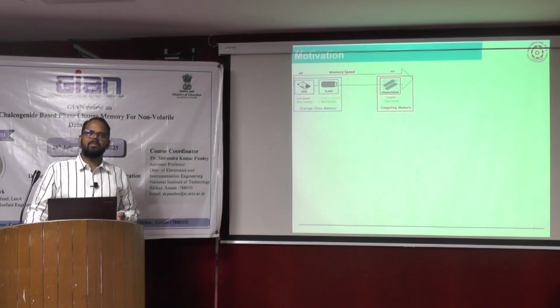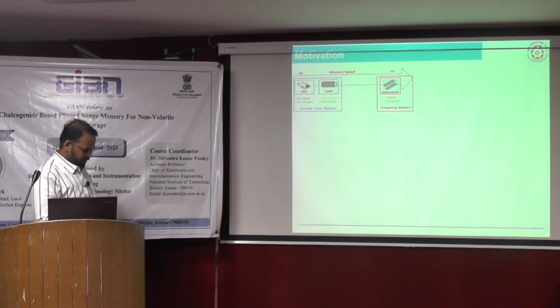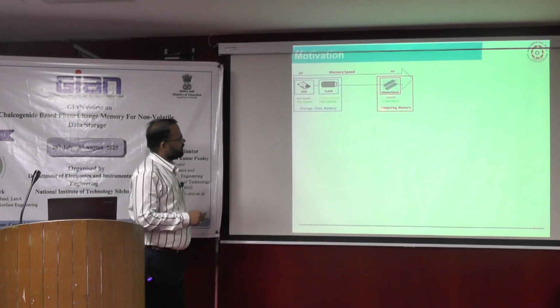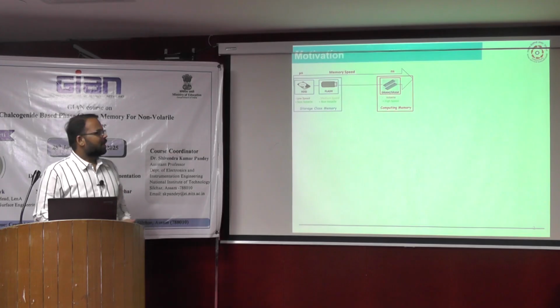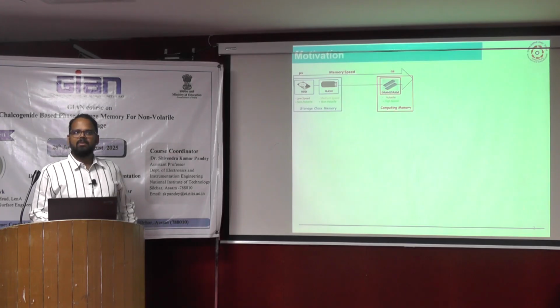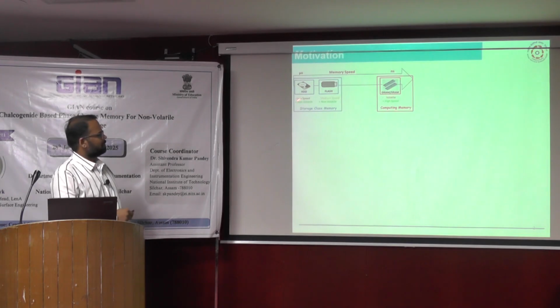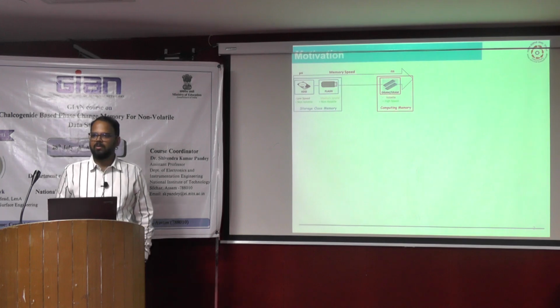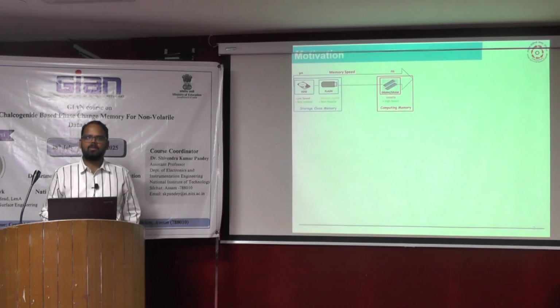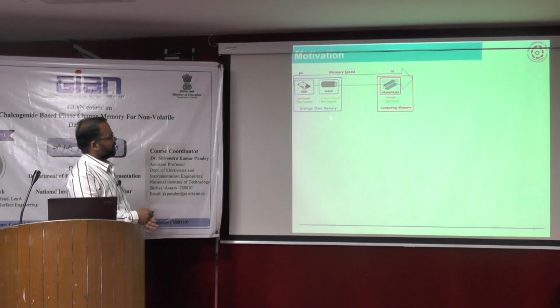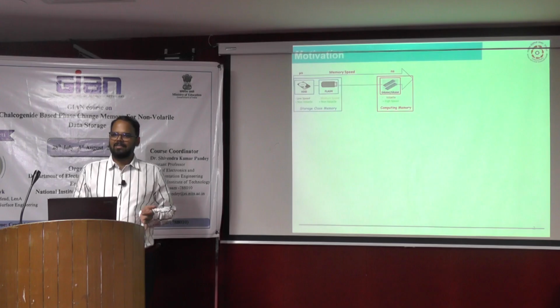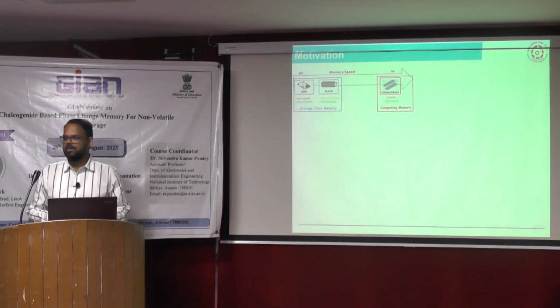Von Neumann architecture means we have a separate storage class memory and a separate computing memory. Storage class memory is hard disk and flash. Hard disk is for storing your data in a large quantity, and nowadays flash SSD based systems are also coming into the picture.